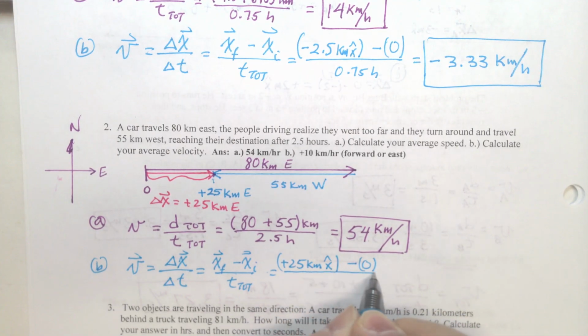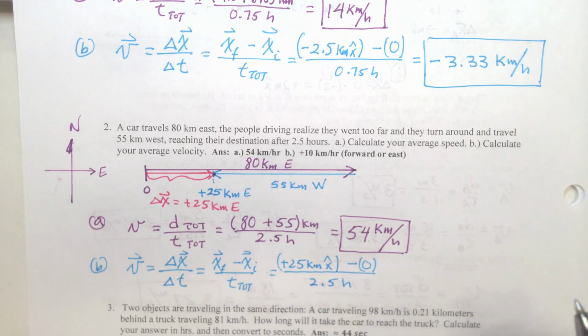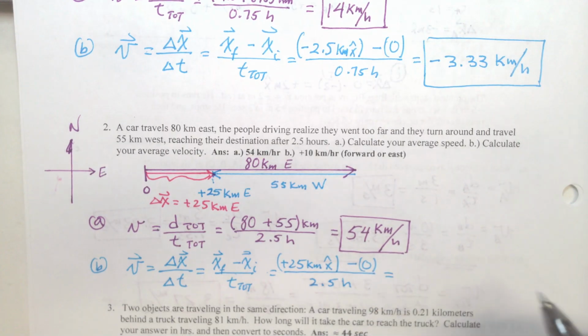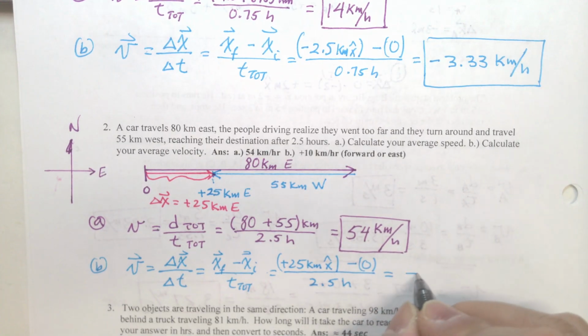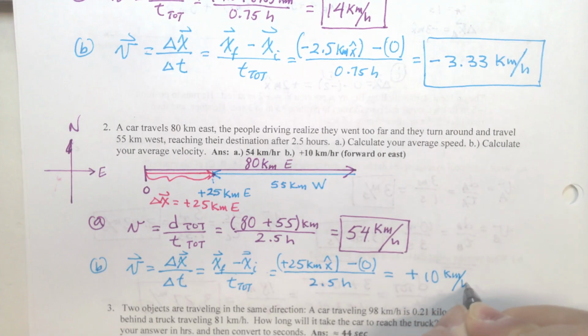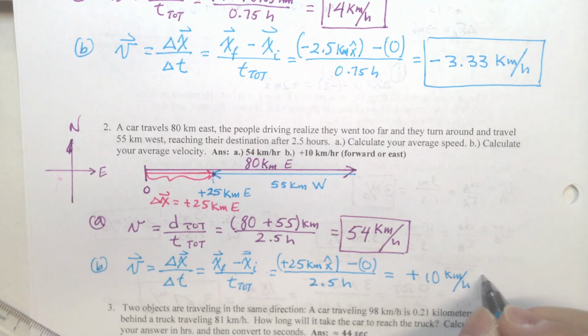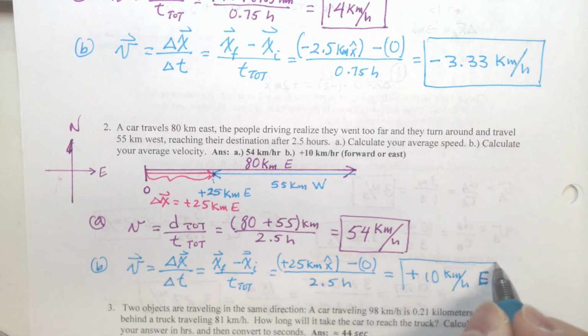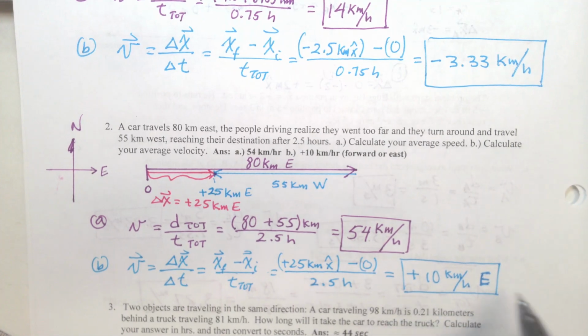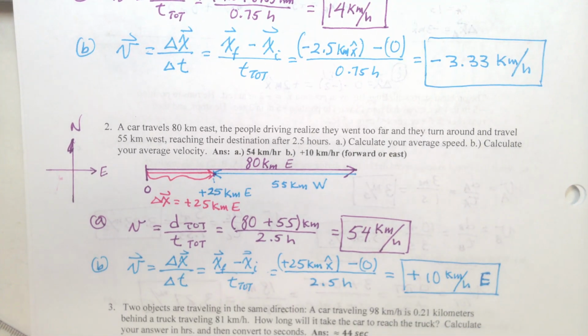Whole thing over 2.5 hours. So if you work that out, you're going to get positive 10 kilometers per hour. Now you could call it x hat or you could call it east, the same thing in this case. And that should be fine.